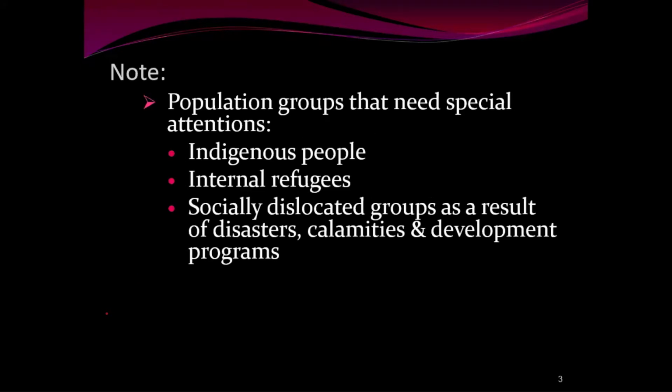Again, in demographic information, population groups that need special attention. Indigenous people: we have to give special attention to indigenous people, because research explains that the health status of indigenous peoples is not good compared to other populations.